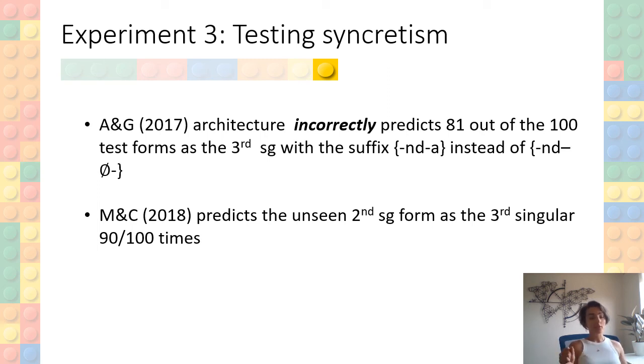Similarly, the Makarov and Clementine model predicts basically the same thing 90 out of the 100 times. And the remaining times out of the 100 were either just completely incorrect TAM categories or other types of errors. But from this, we can see that these models are actually picking up some of the more subtle patterns within the data we train with.